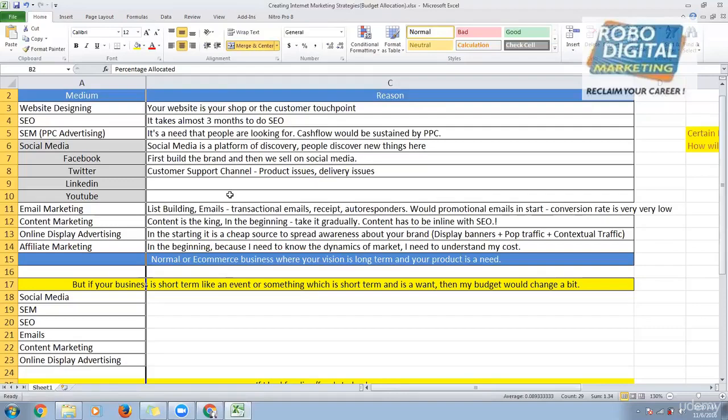It's a very expensive affair. So that is about starting a normal business or an e-commerce business, this would be the approach. In affiliate marketing, we have to spend on promotions and vouchers to attract customers.